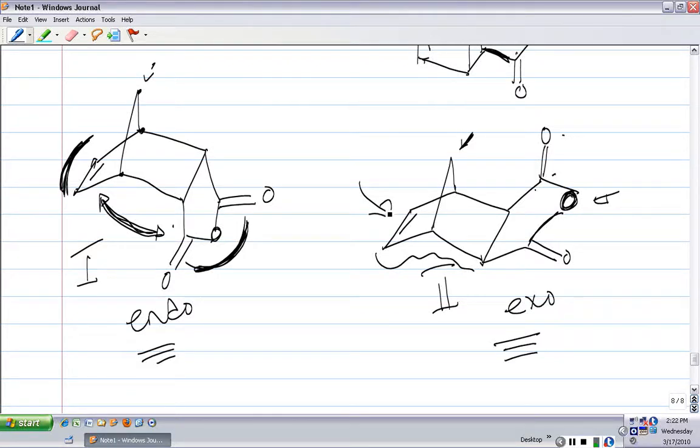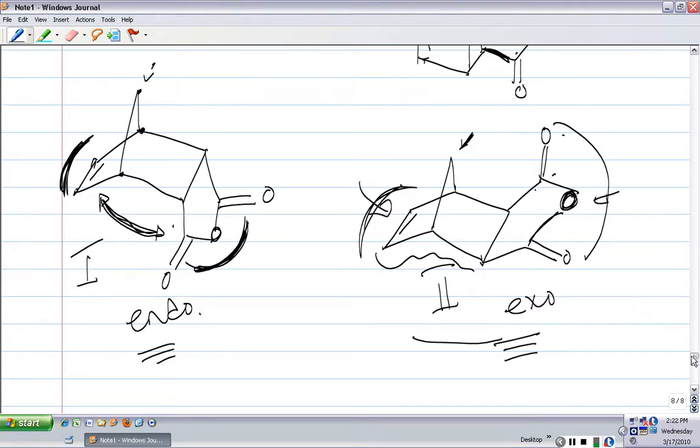There is no such destabilization in the exo compound, right? My large substituent is miles away from my big bridge. In fact, if anything, it's pointing towards a smaller bridge. And so the endo compound is actually the one that is more unstable because it has a higher energy content.